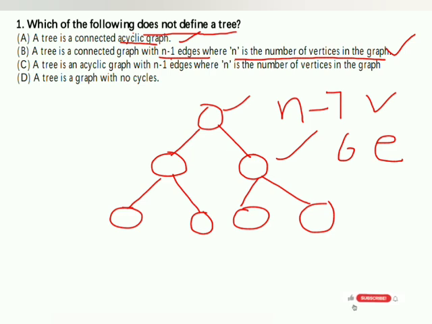Next. A tree is an acyclic graph with n-1 edges where n is the number of vertices in the graph. A tree is an acyclic graph, it is the correct one, right? With n-1 number of edges, where n is the number of vertices in the graph. So this one is also correct. Next. A tree is a graph with no cycles.